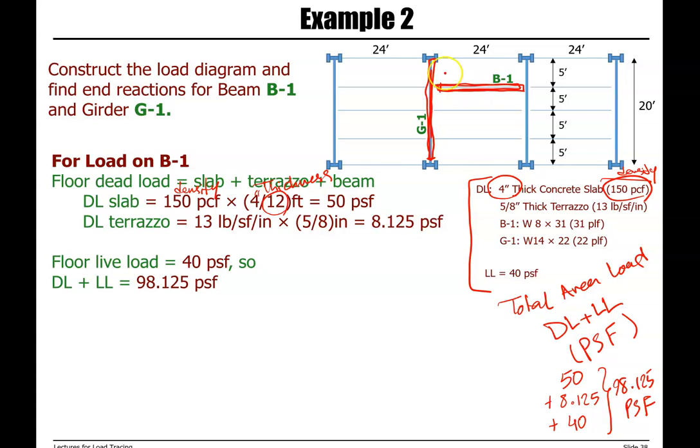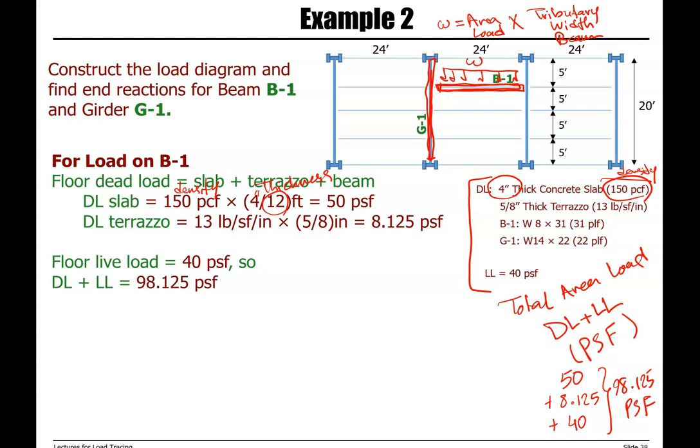In order to calculate the load that we have on our beam, w, remember w is area load times tributary width of the beam in this case.